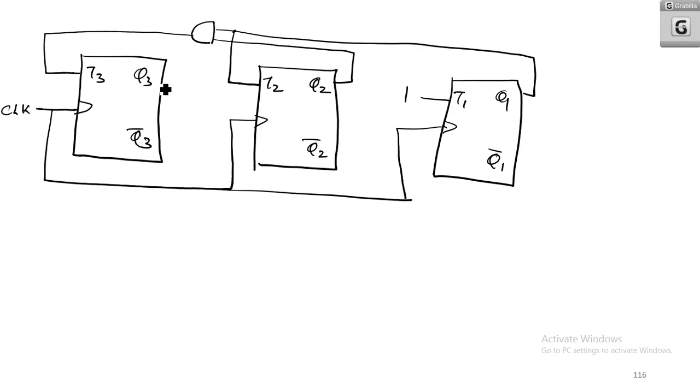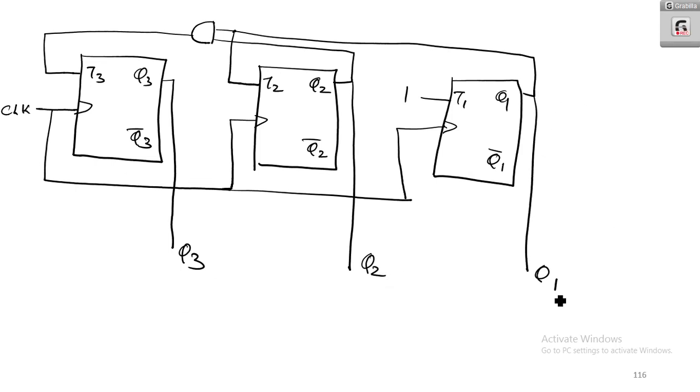So where will I take the outputs? I can take Q3 here, Q2 is another output, and Q1 is another output. Now my logic circuit is over. Here I am not showing the preset and clear. Preset and clear will be in common.